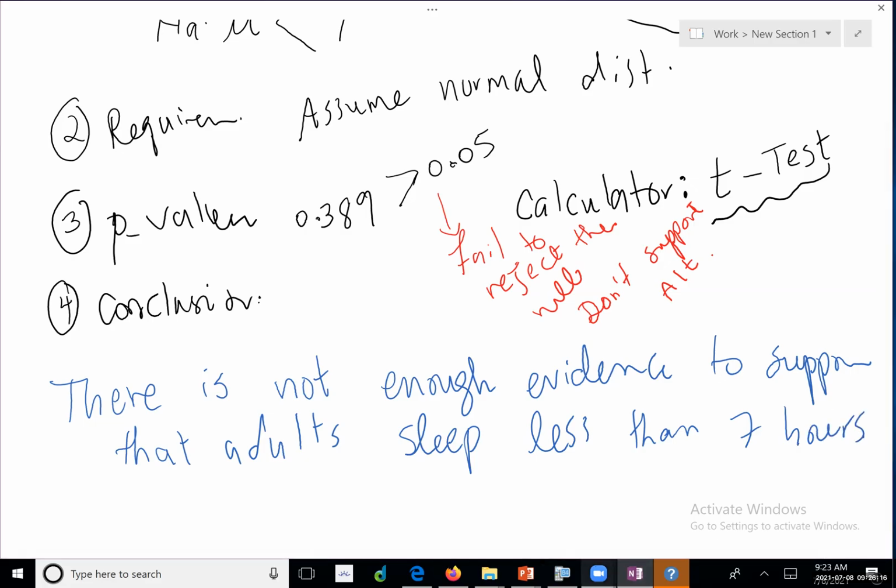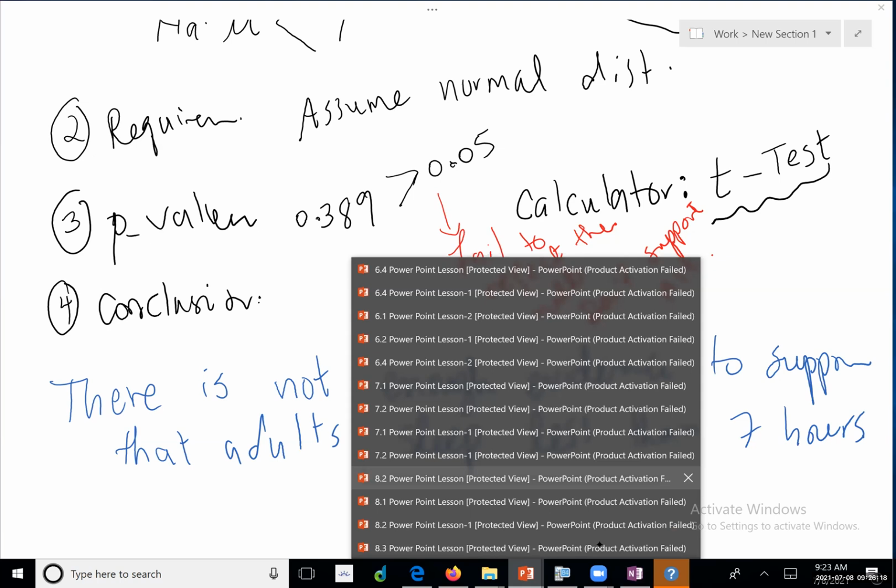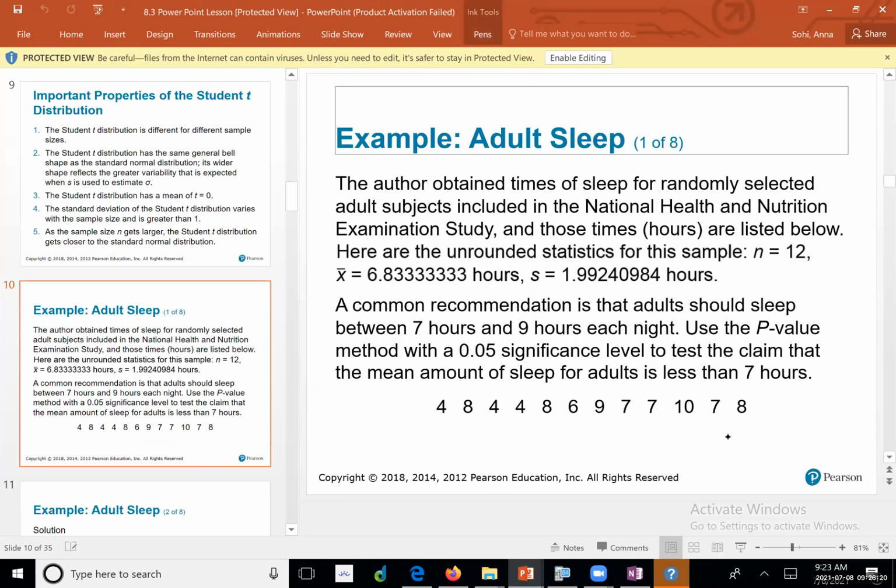You can always use the last sentence in the claim to form it: the mean amount of sleep for adults is less than 7 hours. But you say that there is no support for it.